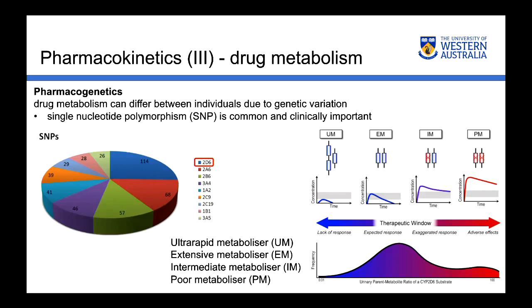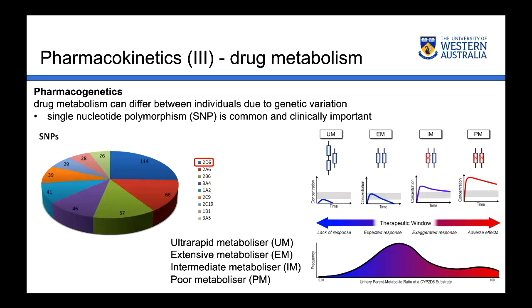So drug metabolism is probably the most important process out of the four. I'm not saying that the other three are not important, but if you ask which one is the most important out of these four, then drug metabolism will be the one. That's because when you look at these enzymes, not every individual expresses the same level of the same enzyme.